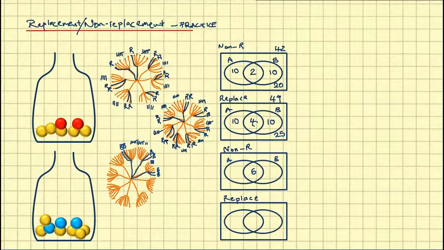In other words, we've got 12 where we only draw a blue marble in the first event, but we've also got this. I nearly forgot. I'm sorry. So we've got 12 there, and we've got another 6 there. So in fact, we've got 18 altogether. So 18, and the sample space diagram makes that very clear.